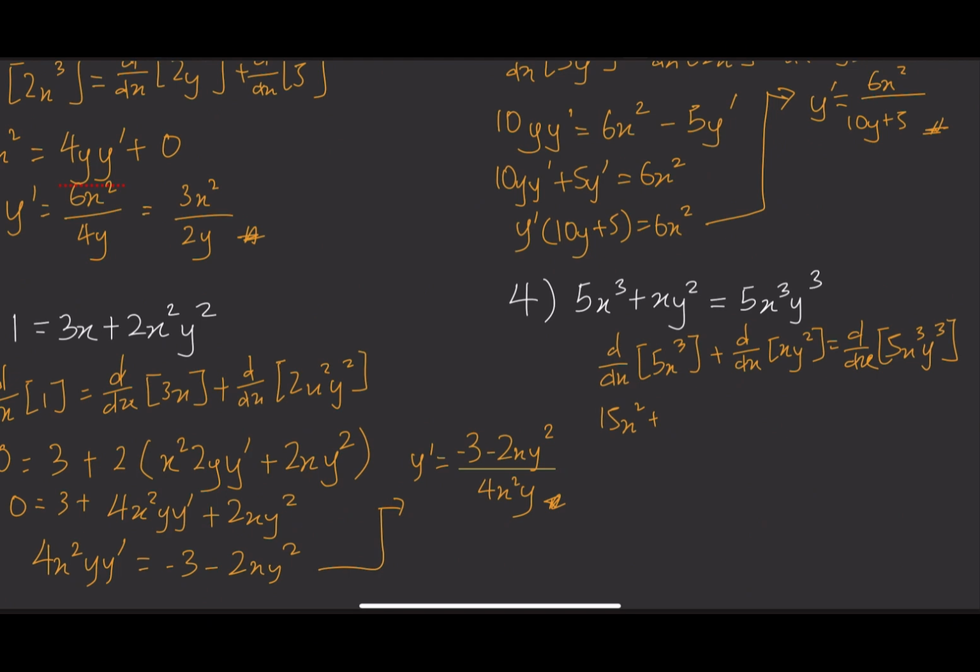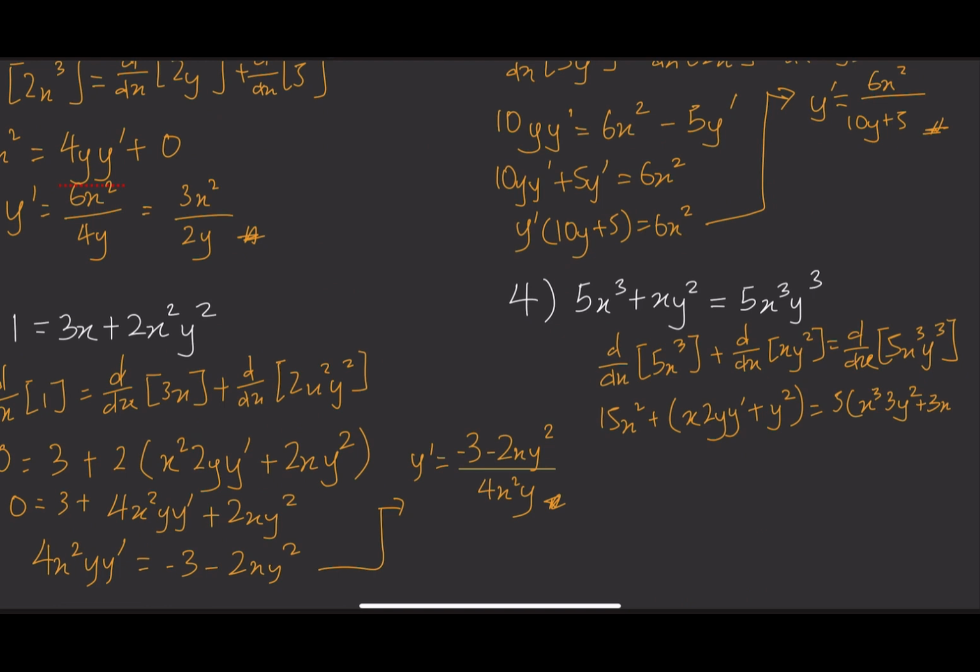Use the product rule here, and we get x y squared, maintain x, differentiate y, 2y y prime plus derive x equals 5, 3y squared plus 3x.